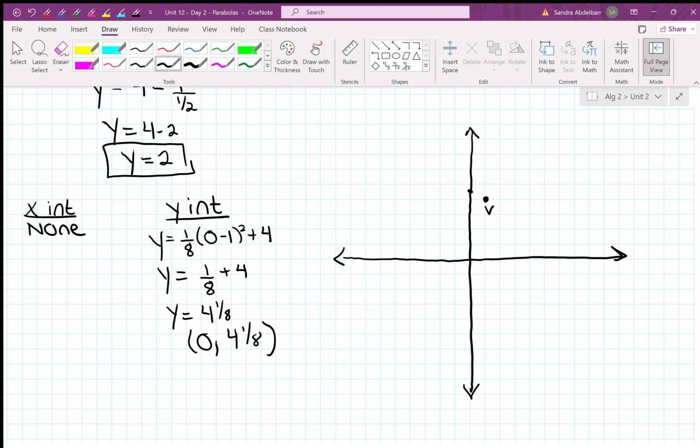Now the next thing I want to plot is, let's just go in order. We'll plot our axis of symmetry. We always plot the axis of symmetry as a dashed line, because it's not really part of the graph. So that is the equation x equals 1, our axis of symmetry.